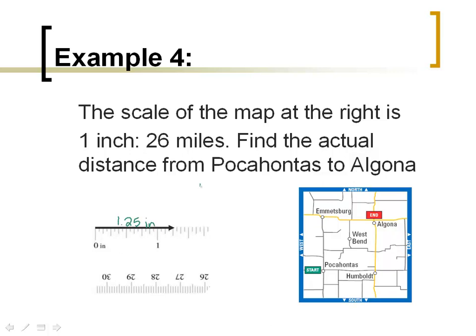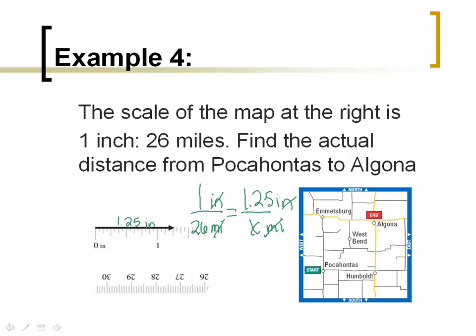So I've got 1 inch to 26 miles, that was given to me, and I have 1.25 inches, and I want to know how many miles is that? That's what I'm trying to find. Well, looking at this, don't my units just cancel out? I've got inches and inches, and miles and miles. Okay, so my units are the same. I'm okay there.